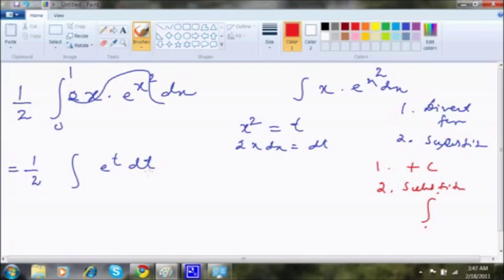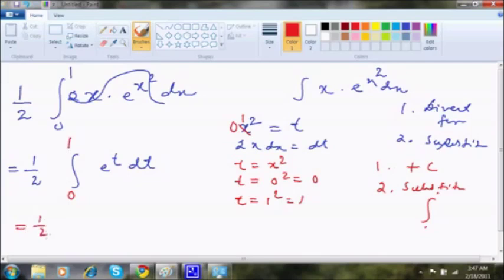So when x² equals t, what do you mean by that? t equals x², and when x was 0, t was 0 squared, which is 0. So when x is 0, t is 0. Now when x is 1, t is 1 squared, which is 1. So this is 0 to 1.